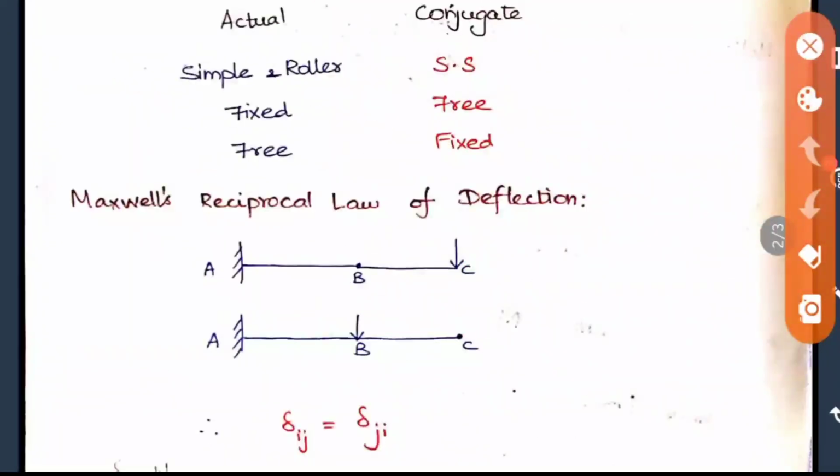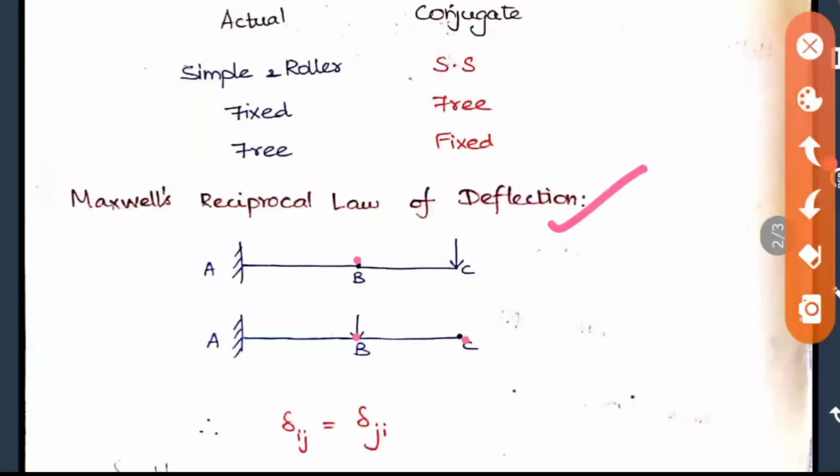Before studying the formulas, let me tell you Maxwell's reciprocal law. I am taking a cantilever beam like this, with a load applied at point C, and another intermediate point is taken at B. In the next beam, at point B they have applied the load and C is the point they have taken.